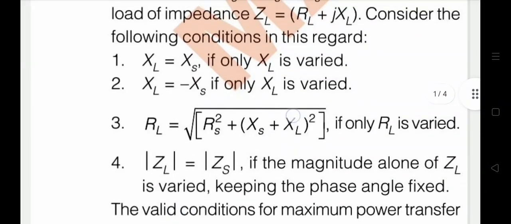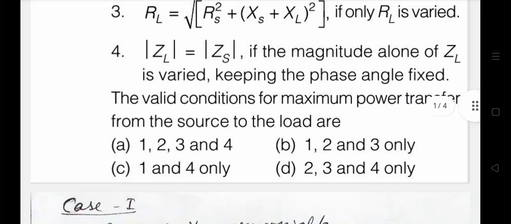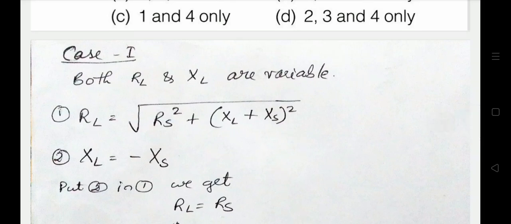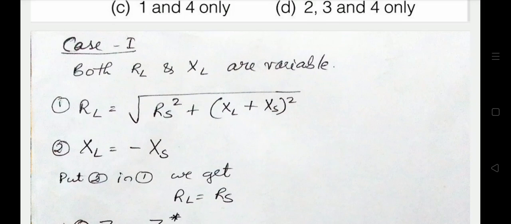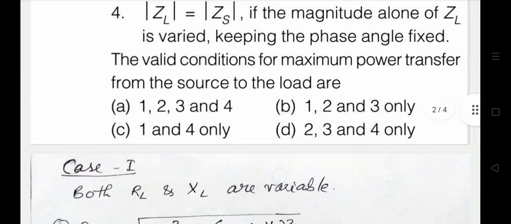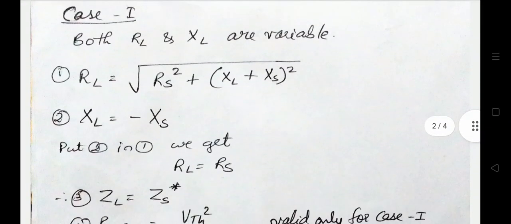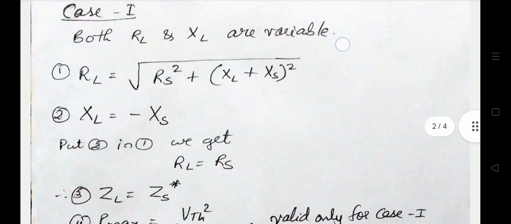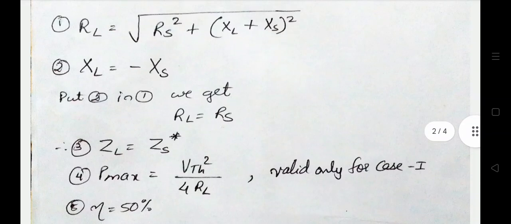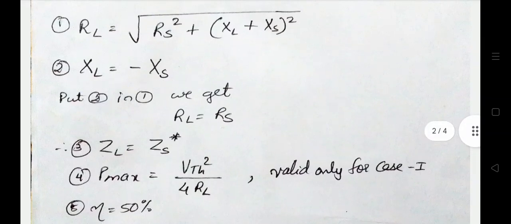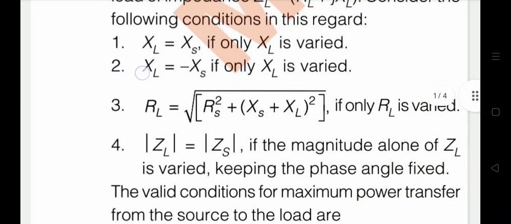First statement is XL equal to XS if only XL is varied. We saw in the first case itself that even though it is written as both RL and XL are variable, this option can also be related to case 1, where XL is also variable. So when XL is variable, we know XL should be equal to minus XS. It cannot be equal to XS, it should be equal to minus XS. So option 1 is wrong and option 2 is right.